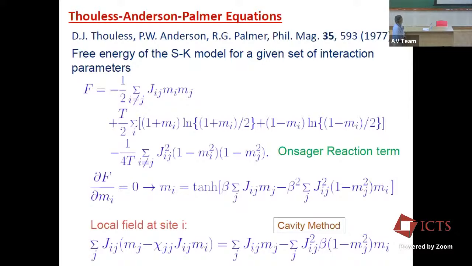When the temperature is 0, then the degree of freedom that you have is flipping a spin, sigma_i goes from plus 1 to minus 1. When you have these continuous variables at a finite temperature, then the degrees of freedom are continuous changes in the values of these m_i's.